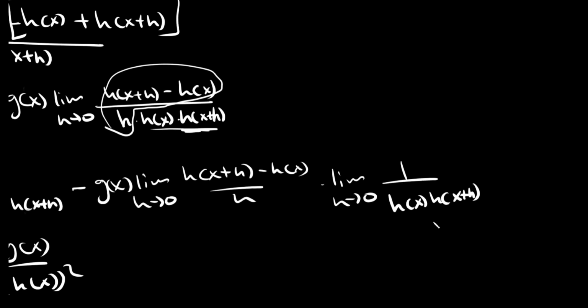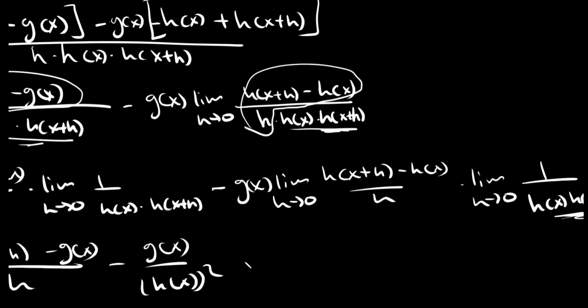Remember the same thing here. My h goes to 0, so h of x plus h, when my limit of h goes to 0, is going to equal h of x again. It's going to give me h of x to the power of 2. And write the limit again.